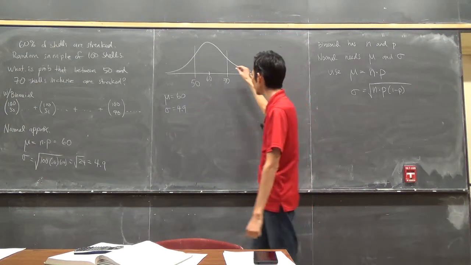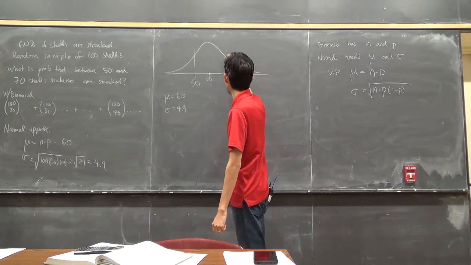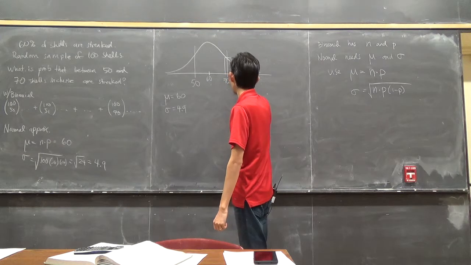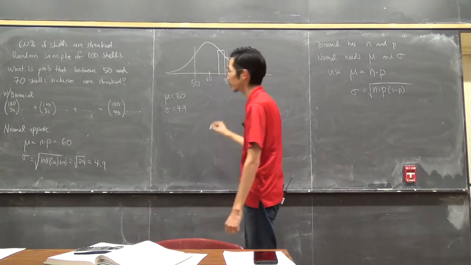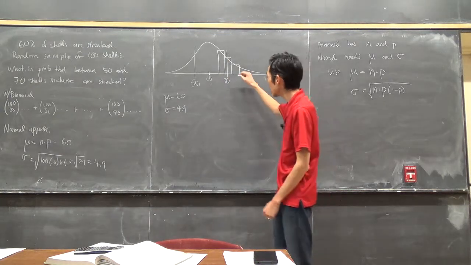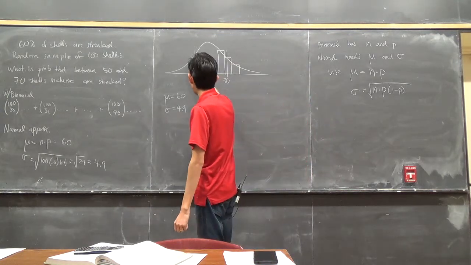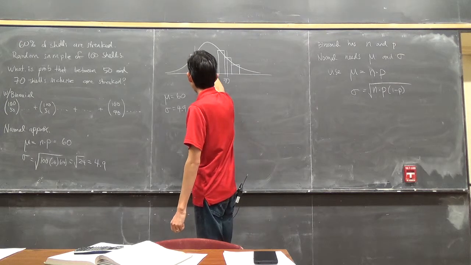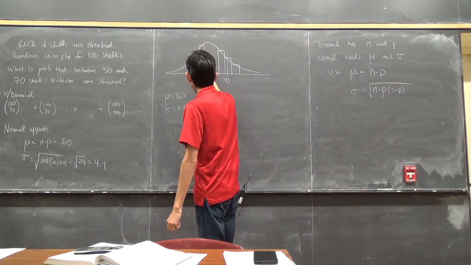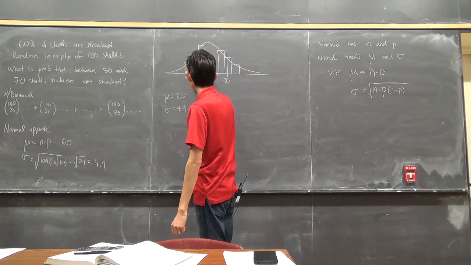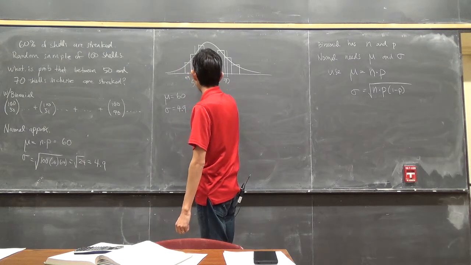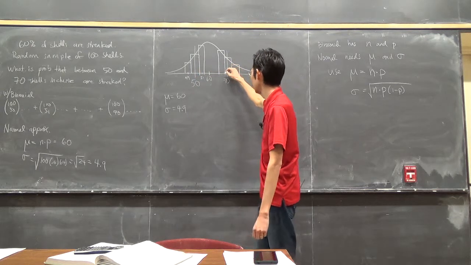Just imagine the binomial model has these bars, and the bars are centered at their numbers. So this is the bar centered at 49, the bar centered at 50, the bar centered at 51, obviously not to scale.